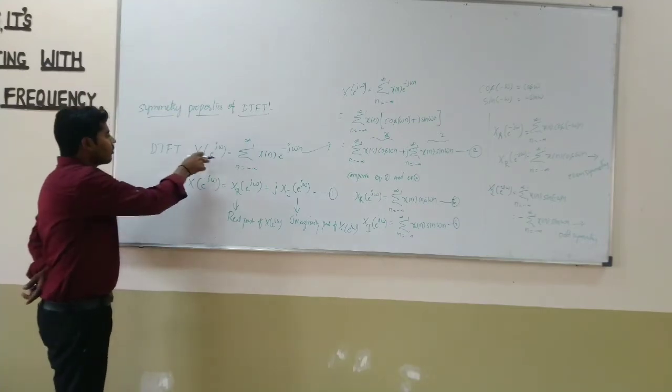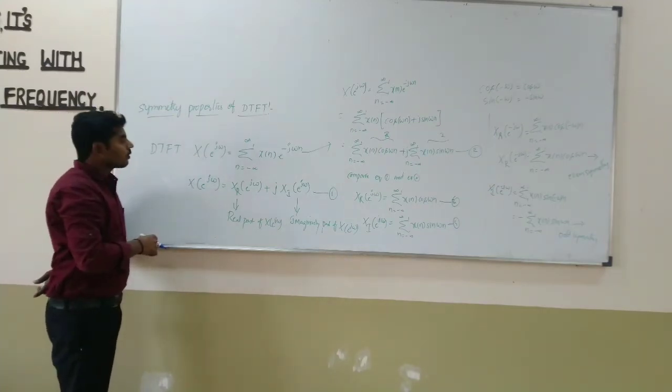Now we can represent X of e power j omega in polar format also.